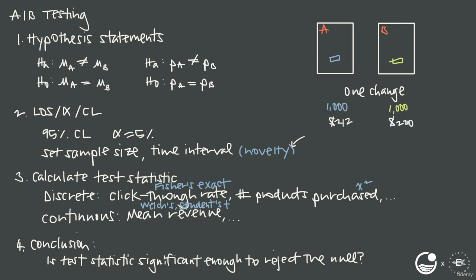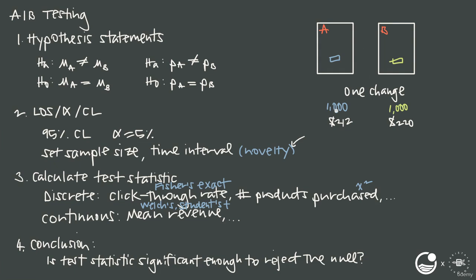Well, you can probably get an intuitive sense here that while there is a difference between 212 and 220, and it looks like variation B produces more revenue than variation A, the difference, at least in this super simple example, doesn't seem significant enough to make us feel very confident, much less 95% confident, that variation B is definitely better than variation A.